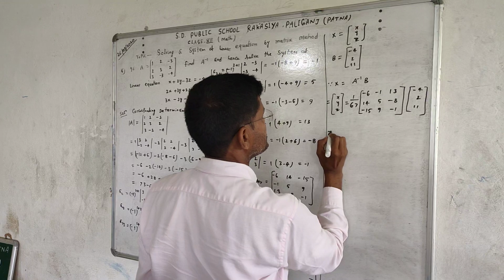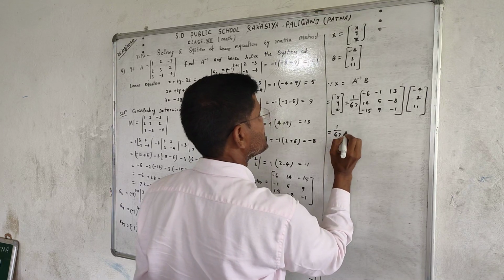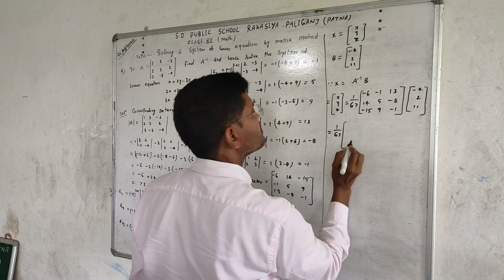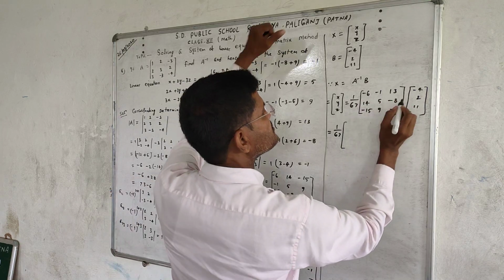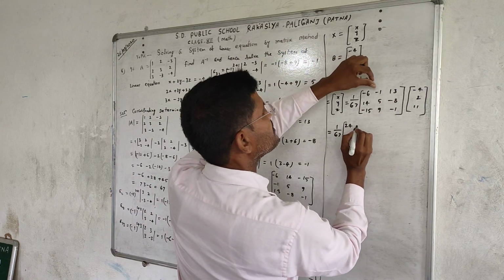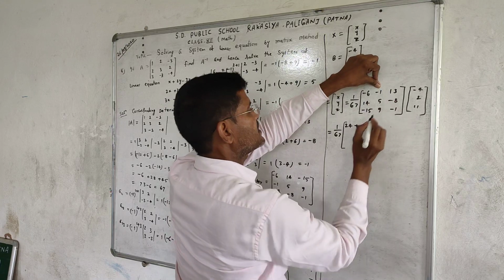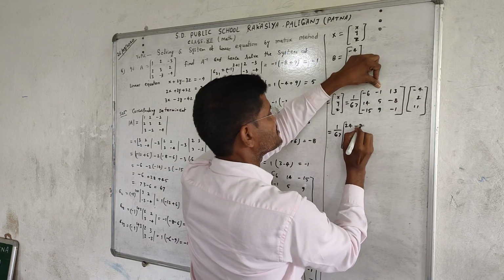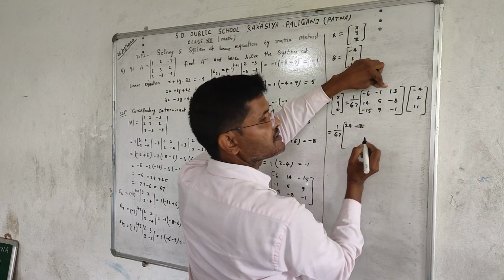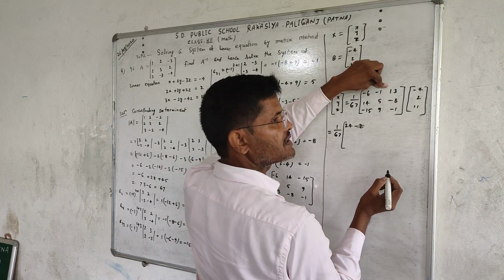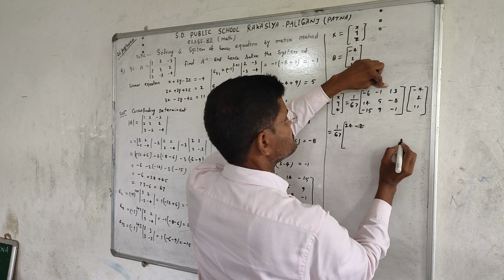This implies it is equal to 1 by 67 into: first row, -6 into -4 is 24, plus -1 into 2 means -2, plus 13 into 11.